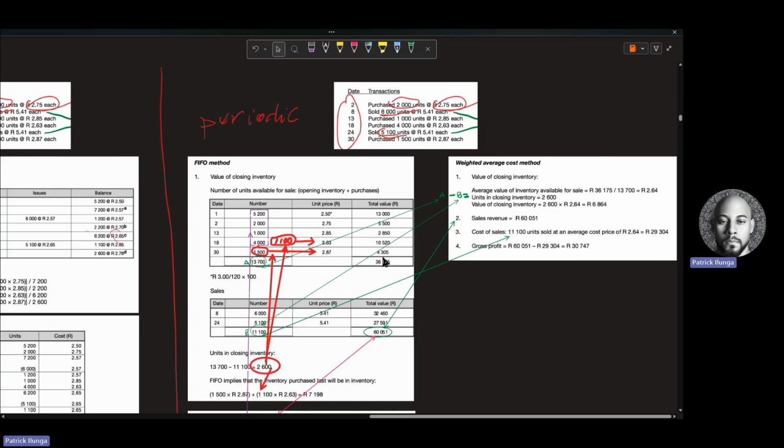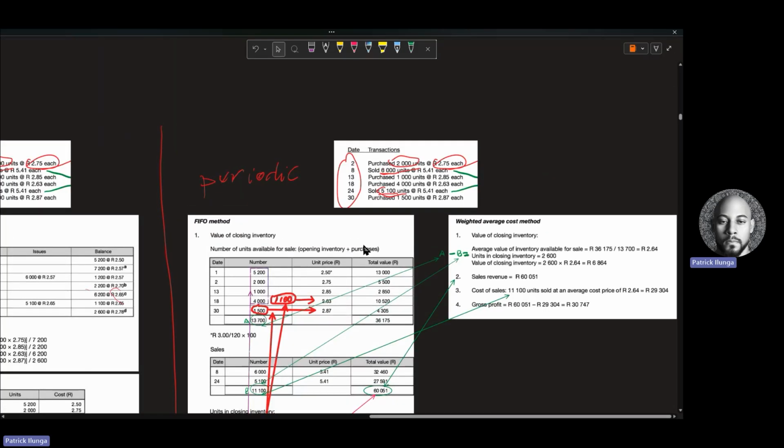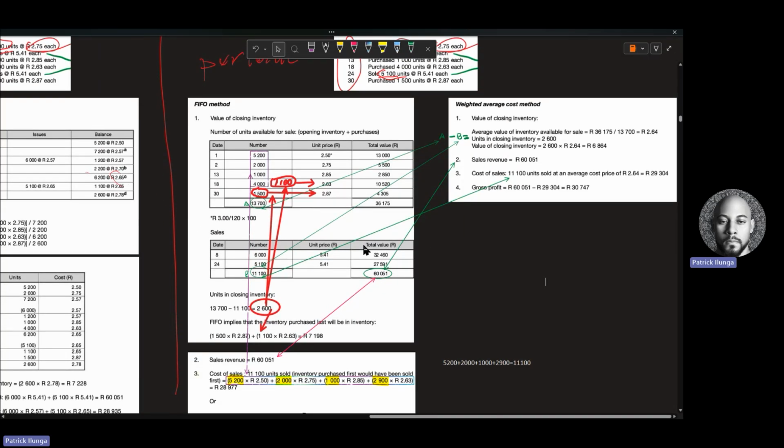So at the end, you look at the total value of purchases, which is the 36,000. You divide it by the total number of units that was purchased. That's how you get the 2.64. The 2.64 is your weighted average. How many units were closing? We have already spoken about the number of units in the closing. Remember, we take the 13,700 minus what was sold, remains the 2,600.